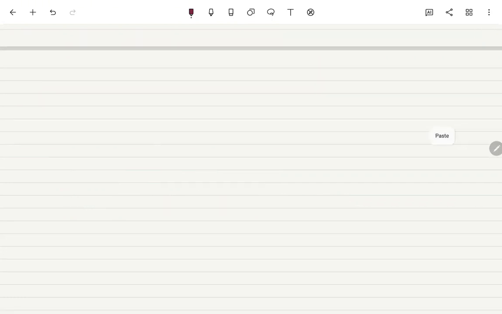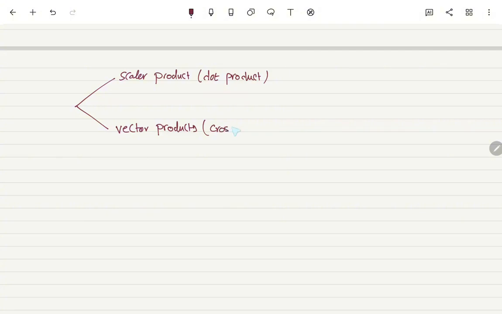Now, let's define vector multiplication. Vectors can be multiplied in two methods: scalar product, sometimes called dot product, and vector product, sometimes called cross product.